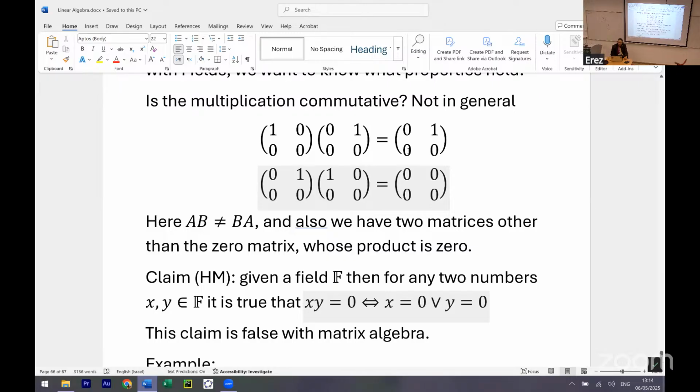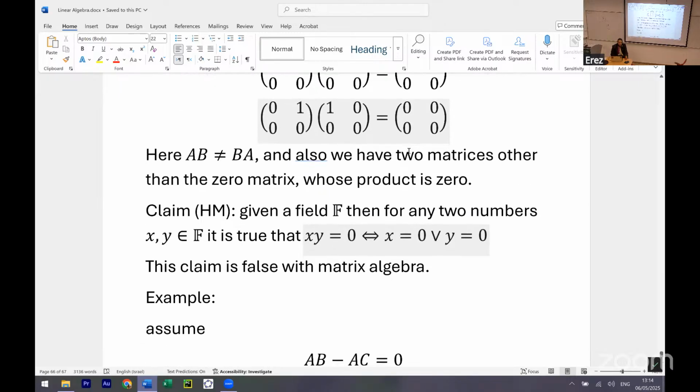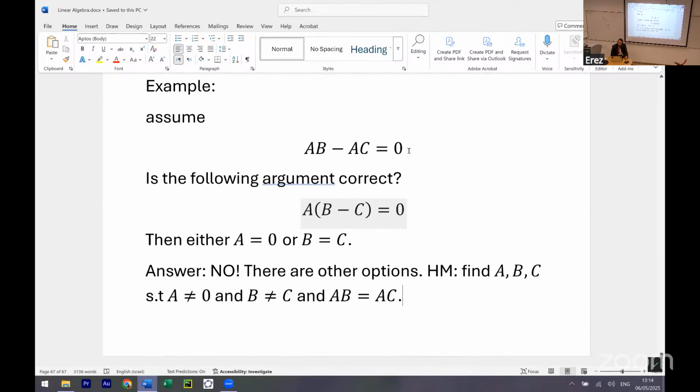Okay. So what were the 7 properties of the field? The first was closure, making sure that when you do the operation between any 2 elements, it remains within the field. So with matrices, you cannot multiply any 2 matrices you like.